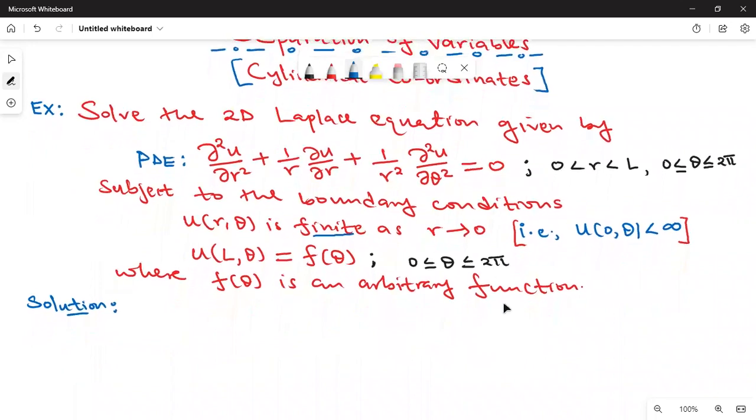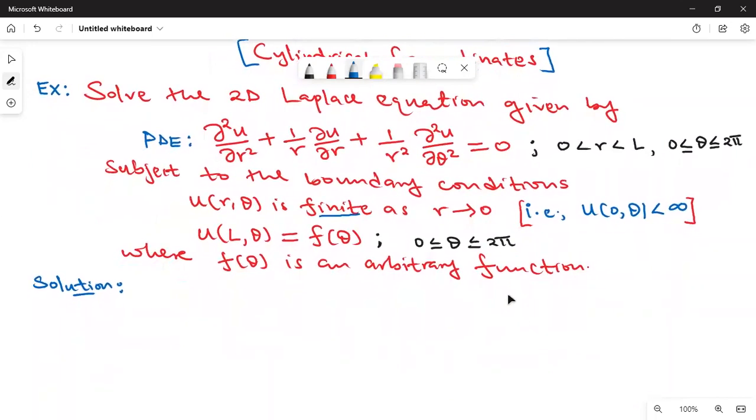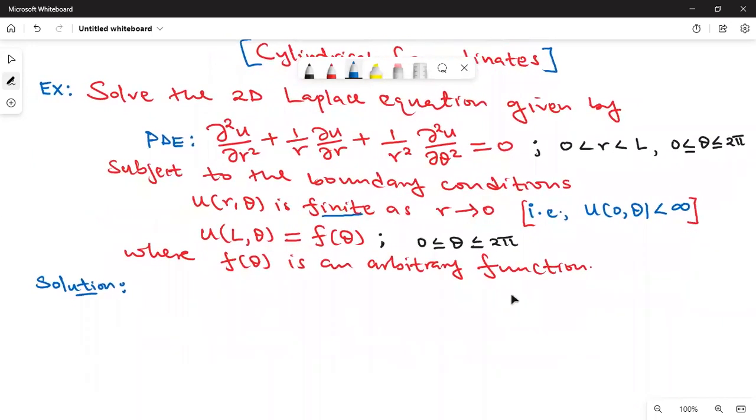So how do we go about this kind of problem? Using the method of separation of variables. Now the equation is in cylindrical coordinates. Look at our PDE. Our independent variables are r and theta, and our dependent variable is u. So from the equation, it is clear that u is a function of r and theta.